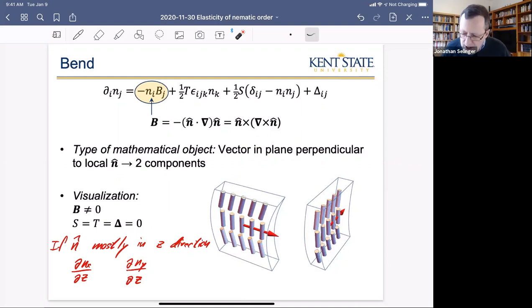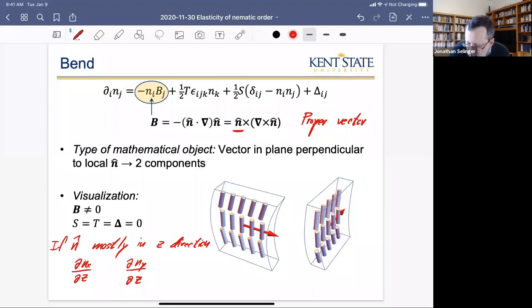So this B is a proper vector, and it is in the plane perpendicular to the local n. It has to be perpendicular to the local n because it's an n cross something, and a cross product is perpendicular to the things in the cross product. So it's a vector in a plane. So it has two components.